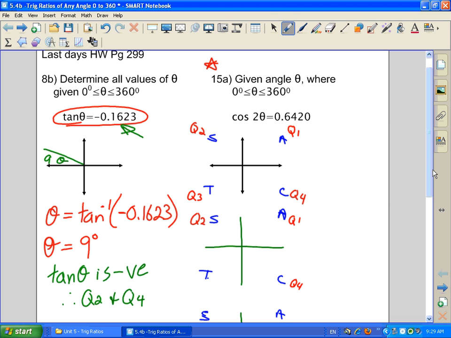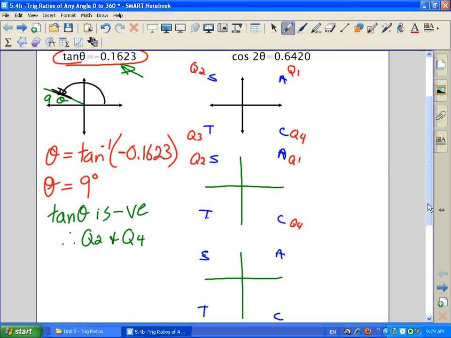So the angle that comes terminally to this value is going to be here, and let's just call that alpha 1. So alpha 1 equals 180 degrees, subtract our reference angle, which is 9 degrees. So that's going to equal 171 degrees.